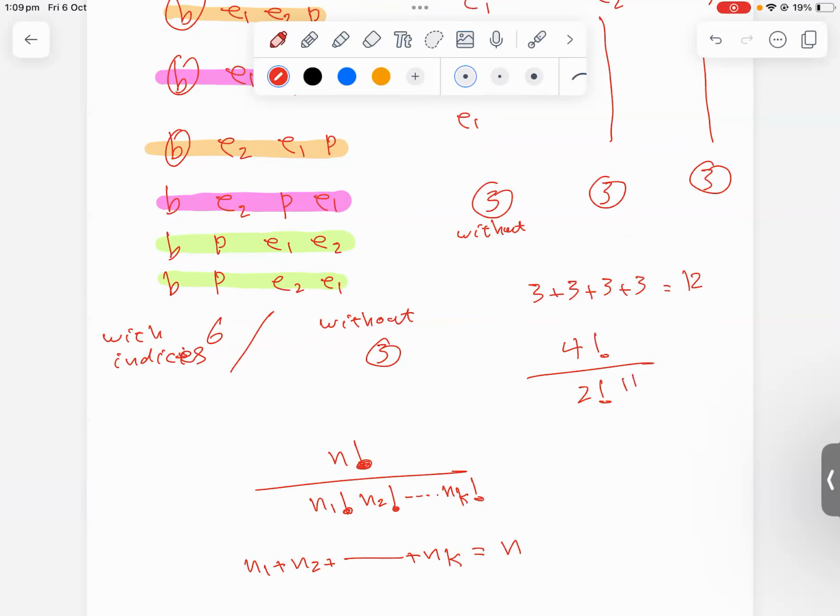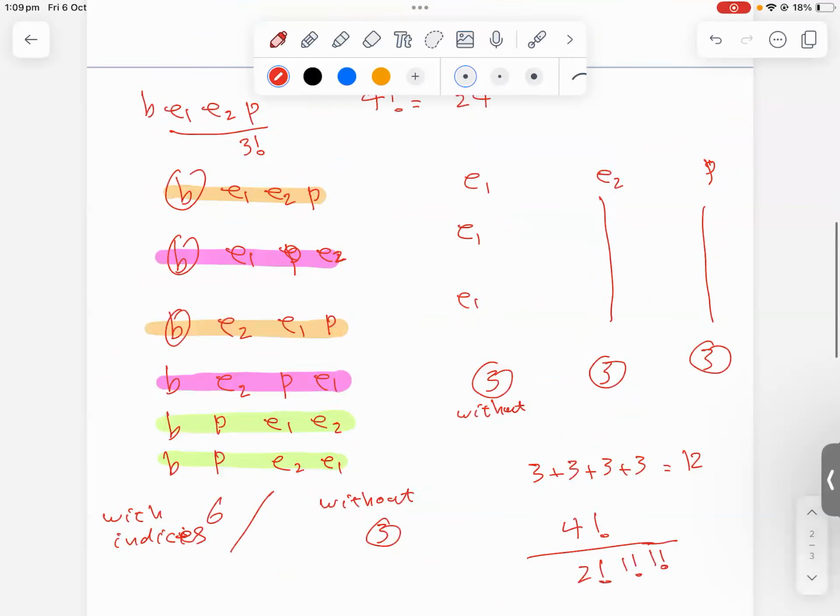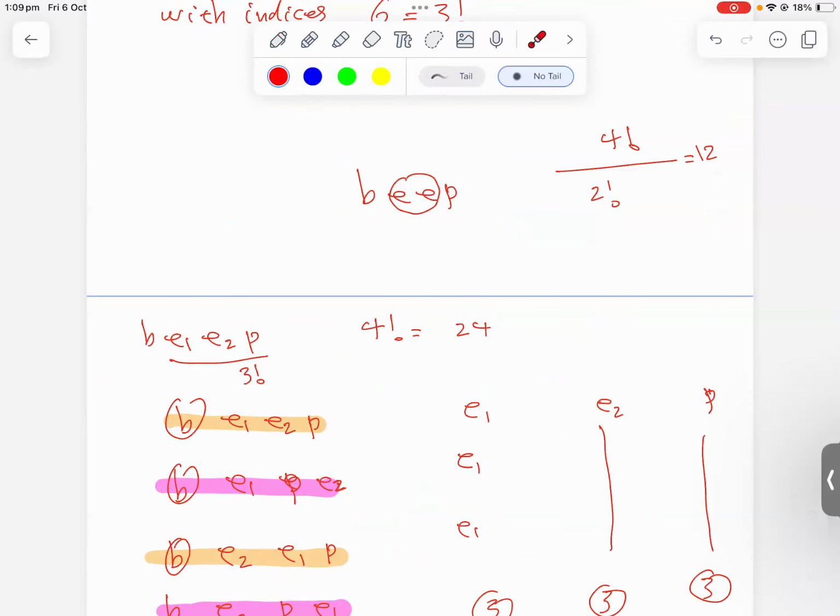And here, to be complete, we have this formula. You see that the complete one is 4 factorial, and for permutation with repetition, we have to divide it by 2 factorial, and it doesn't matter for 1 factorial and 1 factorial in this one.